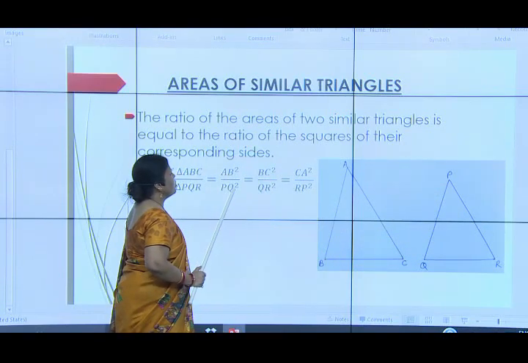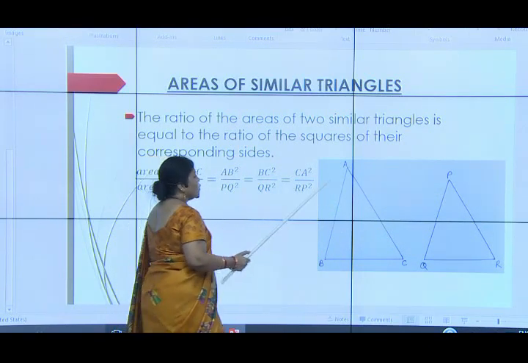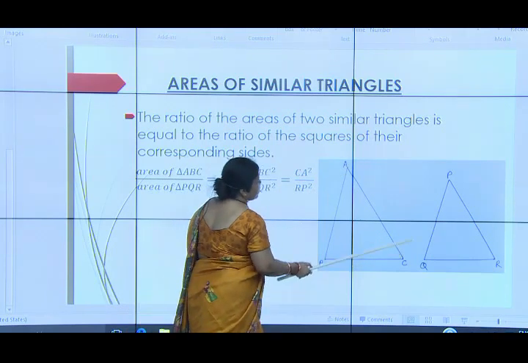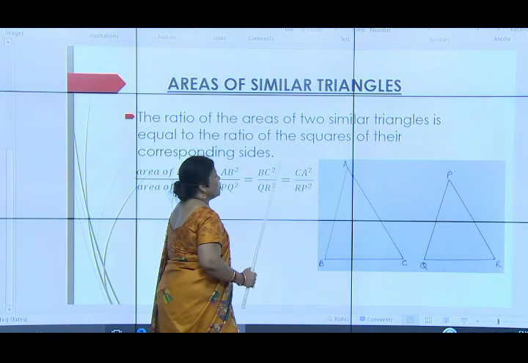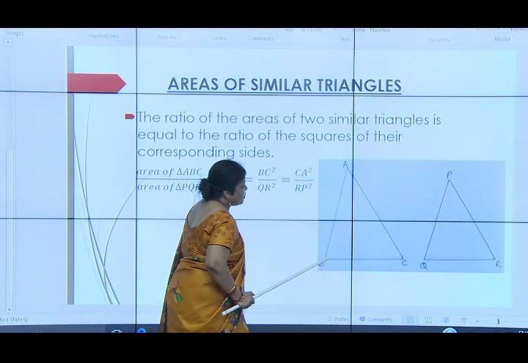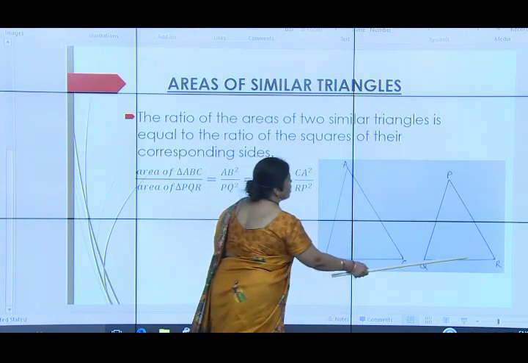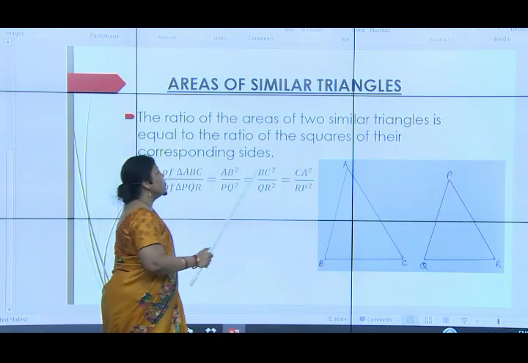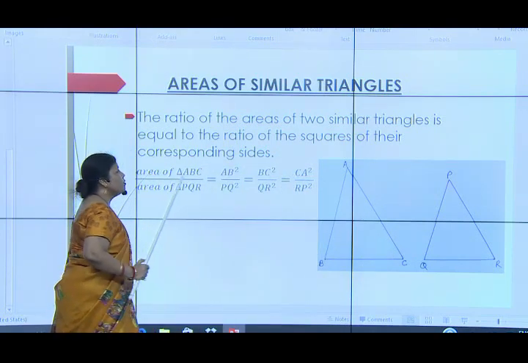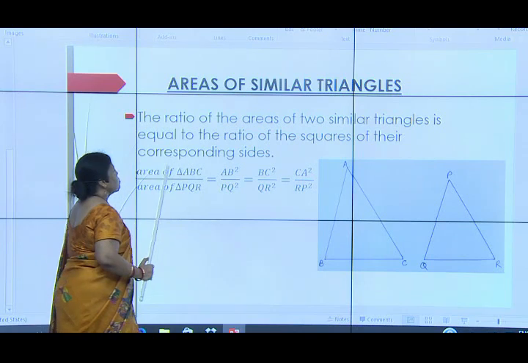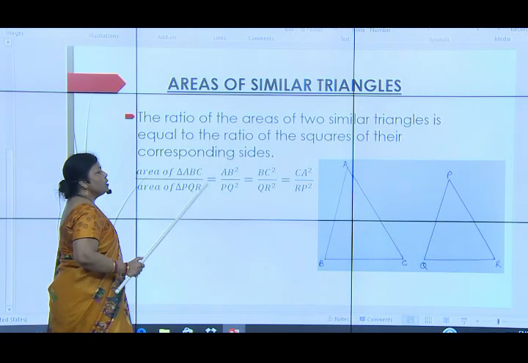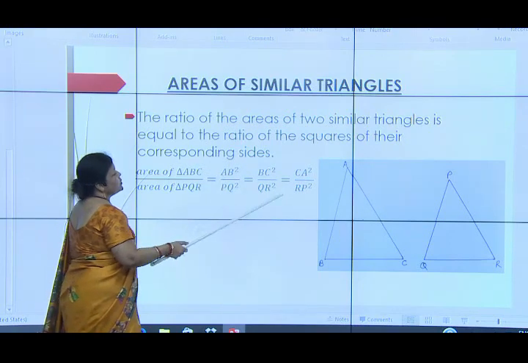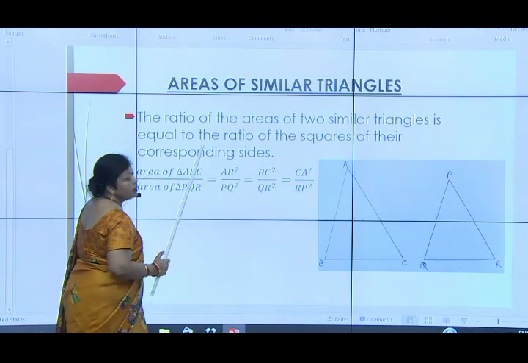So AB square upon PQ square, or it will be equal to AC square upon PR square, or it can be BC square upon QR square. Children, any one pair will be applied. We don't have to write this whole complete formula. So area of triangle ABC upon area of triangle PQR is equal to any one of the squares of its corresponding sides.